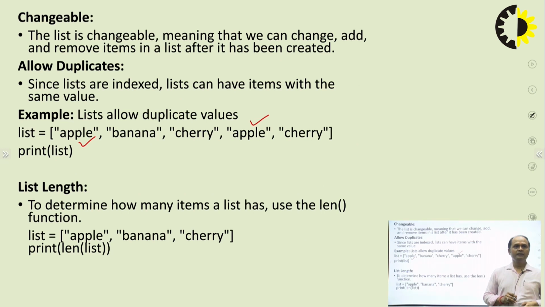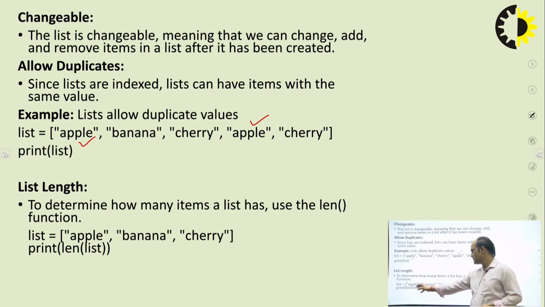Now we will discuss list length. Suppose we have a list and we want to determine how many items are in it. Then we use the len function. We can use the len function to find out the number of items in a list.